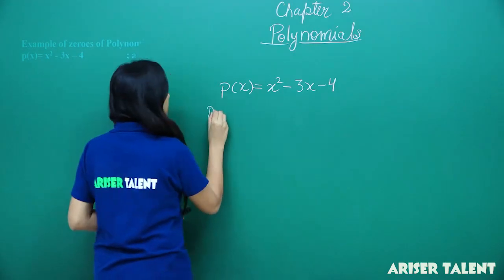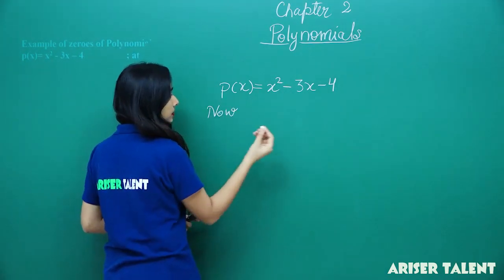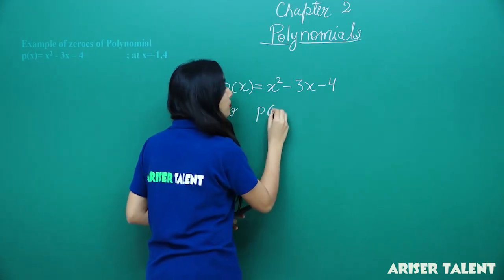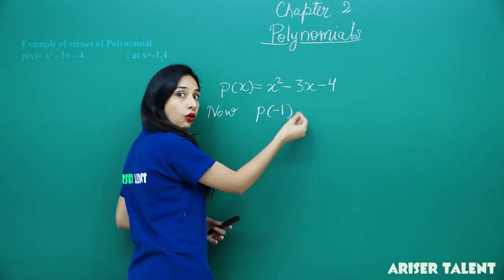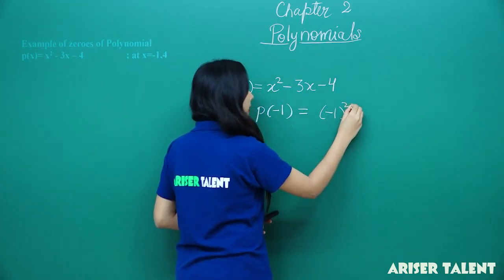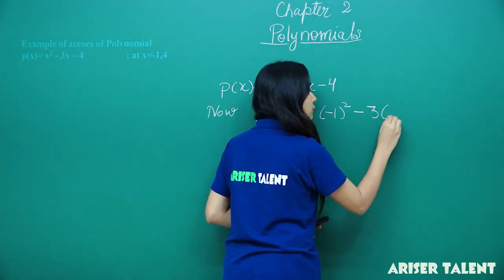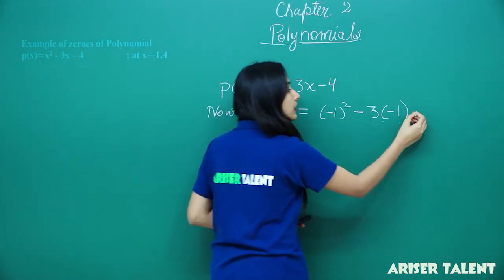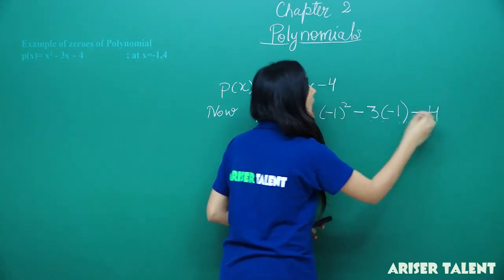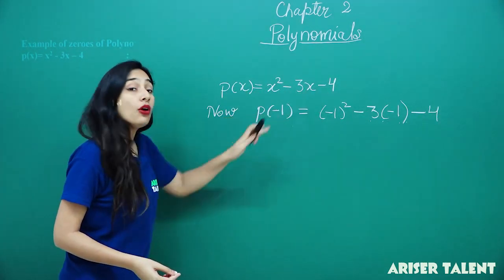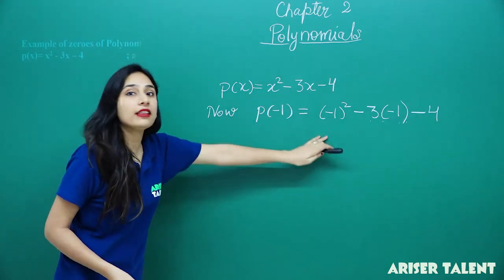Now, p at x equals minus 1, so p(minus 1). Look, what will it become? Minus 1 square, then minus 3 multiplied by minus 1, minus 4. I have just put minus 1 in the place of x. I have replaced x with minus 1.